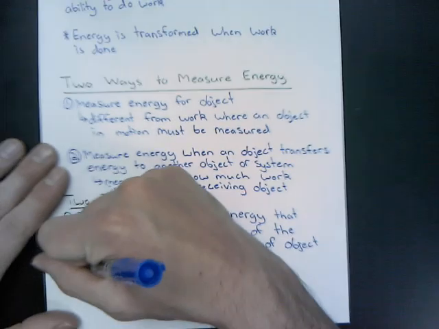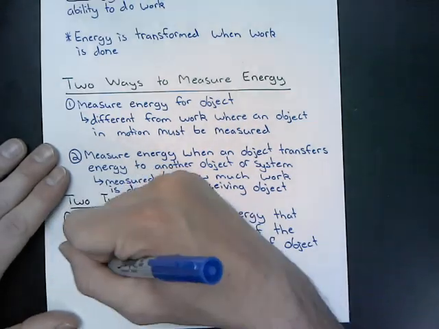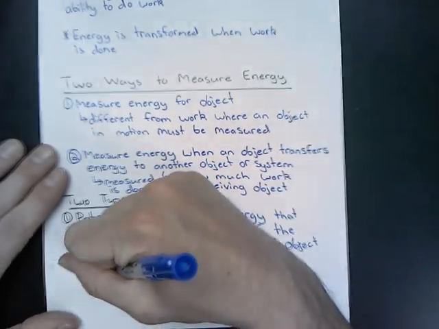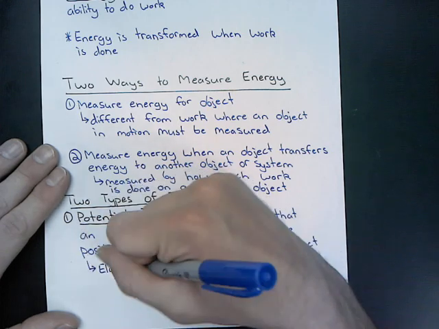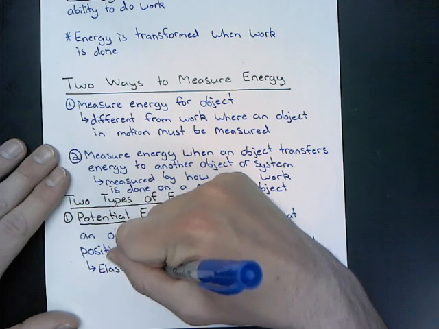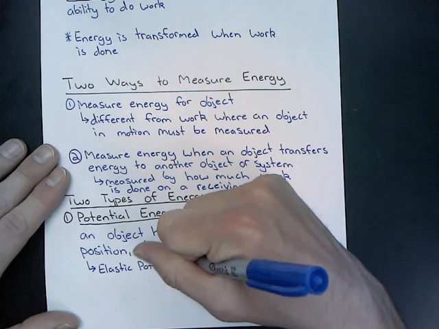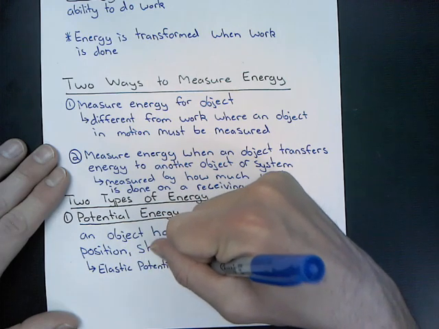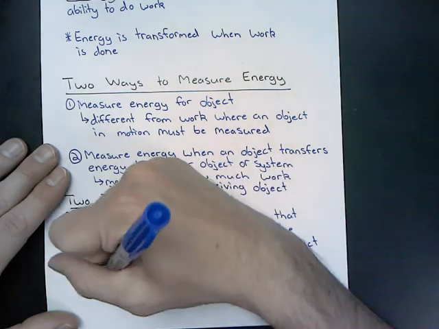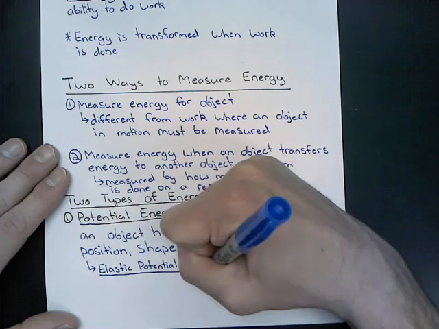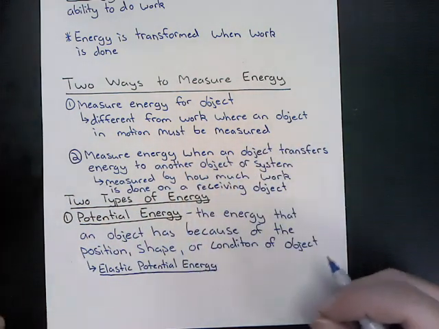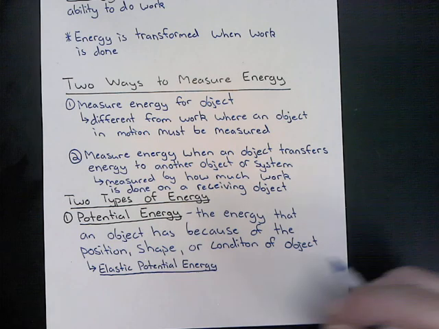The first of these two categories is elastic potential energy. The best way to describe elastic potential energy is with something like a rubber band. A rubber band is going to stretch back and forth.